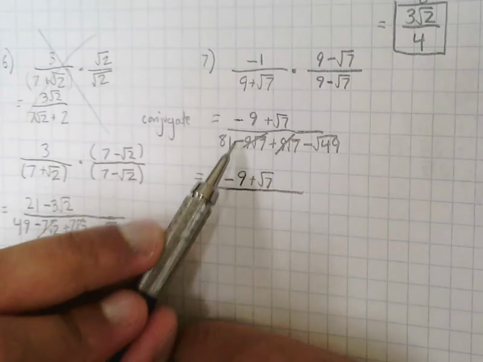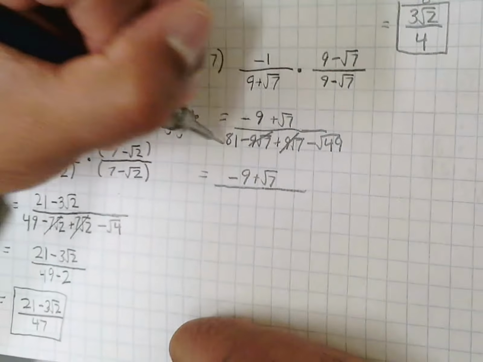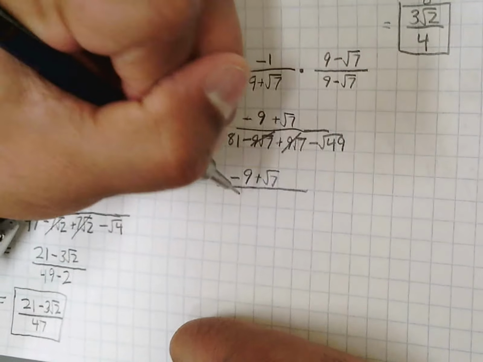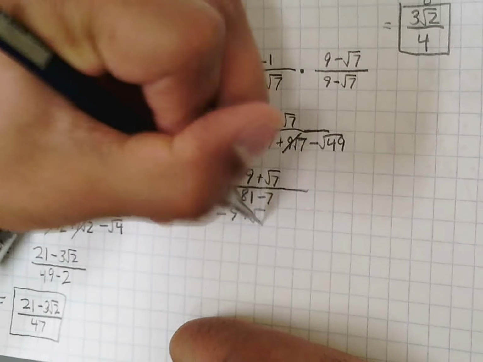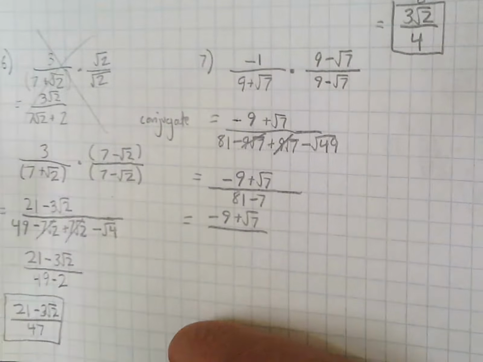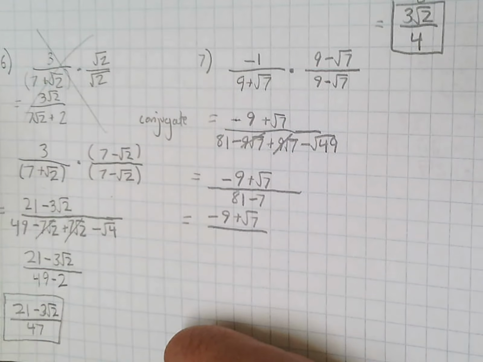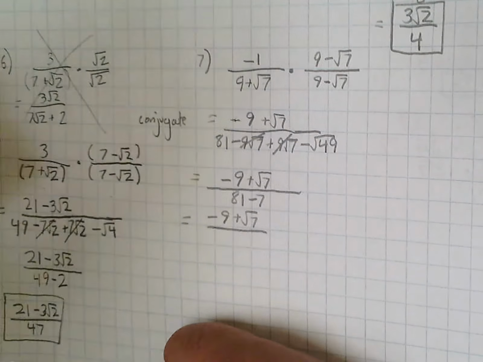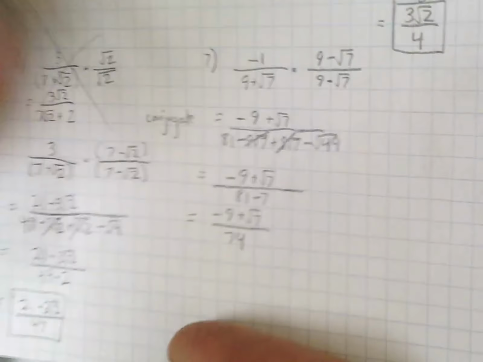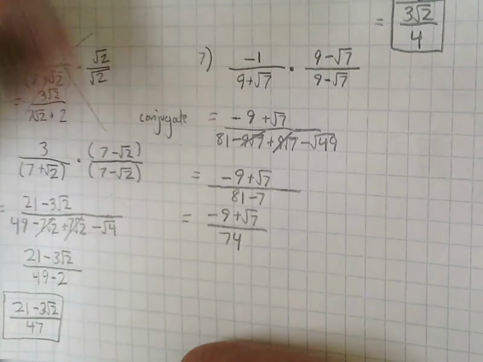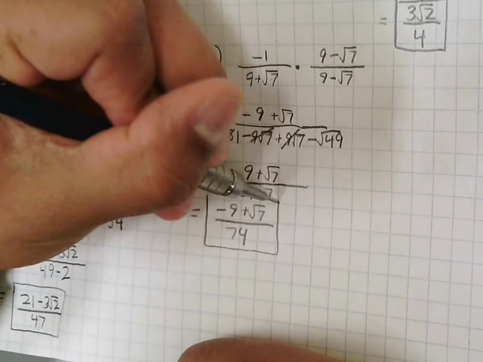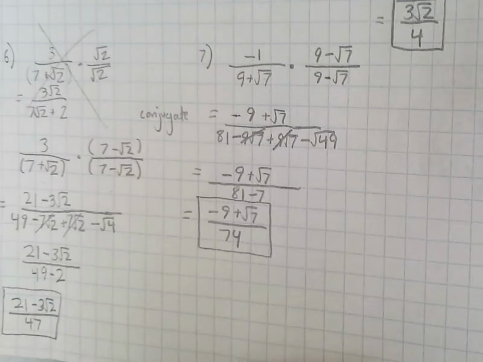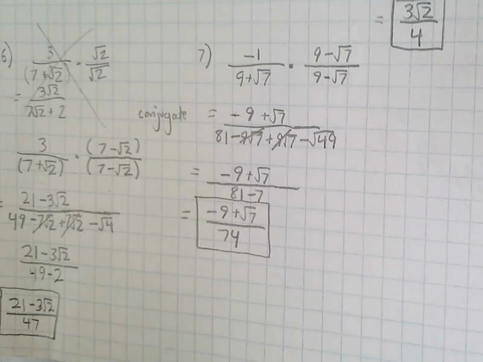You can see that they're opposites, negative and positive. 81 minus 7. That is 74. Yes, 74. There we go. This can't be simplified anymore. So there we have it. Rationalizing denominators.